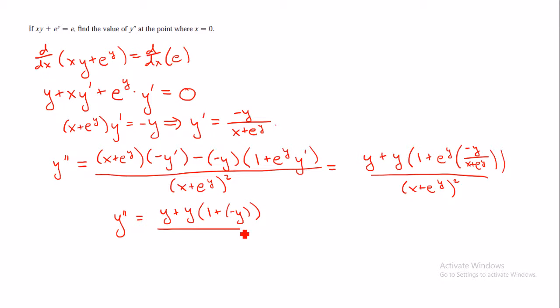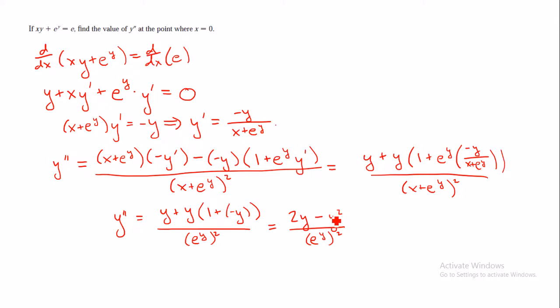And then all over, and then here x goes to 0, I get e to the y, quantity squared. And so, simplifying this numerator a little bit, I get y plus y is 2y minus y squared, all over e to the y, quantity squared.